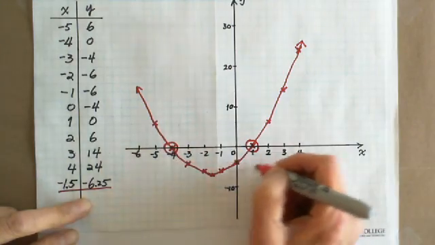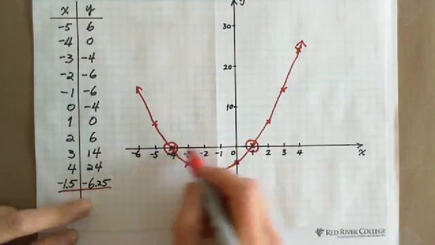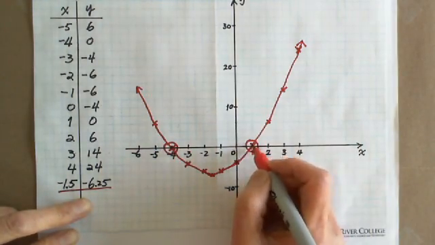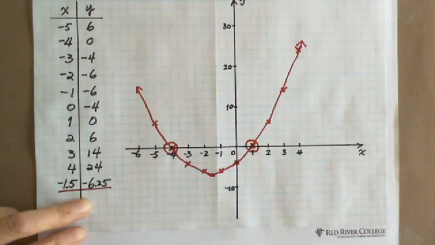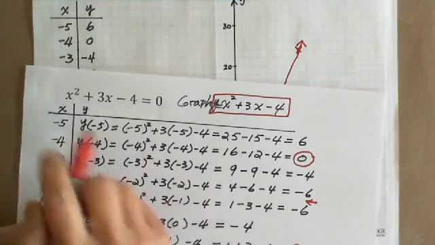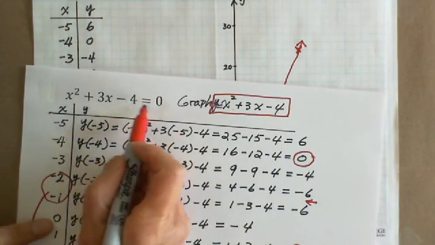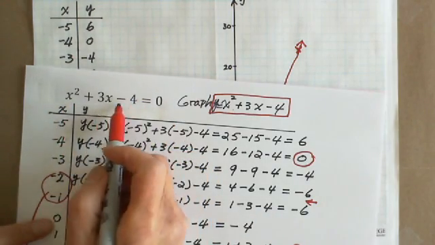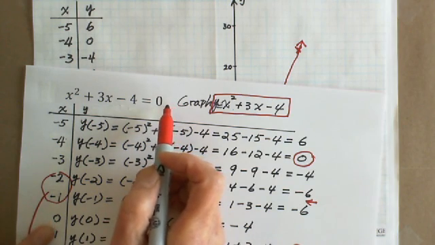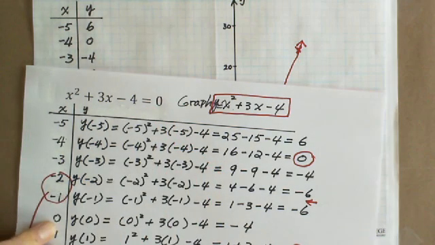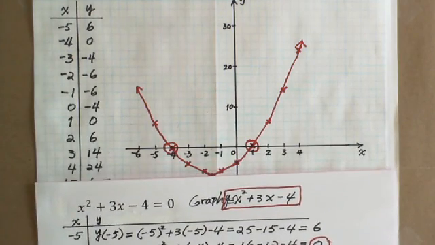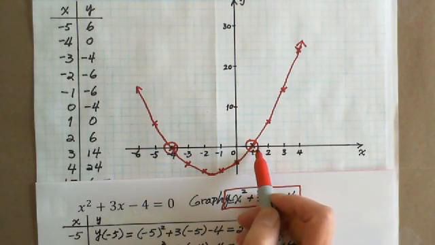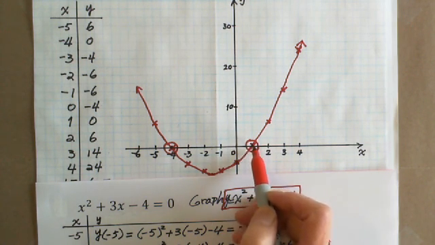The parabola touches the x-axis where y equals 0, which is what we're looking for, right? Because the equation says x squared plus 3x minus 4 equals 0. Which x makes this equal 0 is the solution. Now we find it: x equals 1 makes y equals 0, which is one solution.